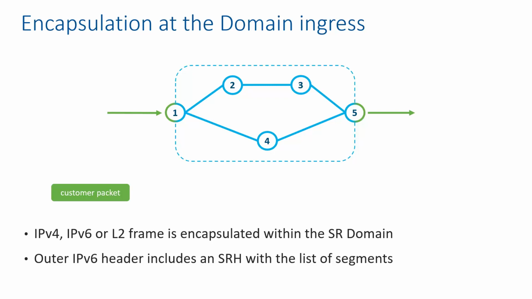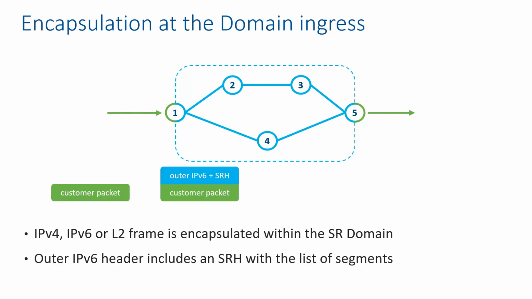The ingress PE of the SR domain will encapsulate the received packet in another header, which is IPv6. So the SRv6 solution can be used to transport any kind of service, IPv4, L2, and as well IPv6. The other header pushed by the ingress PE is IPv6. And there, depending on the network program, if we need more than one instruction, then we also have an SRH in this other IPv6 header.